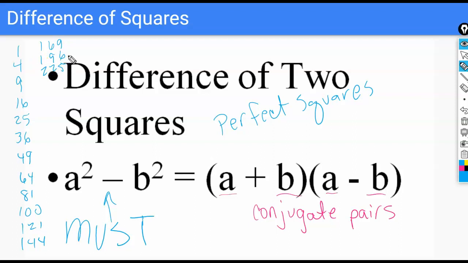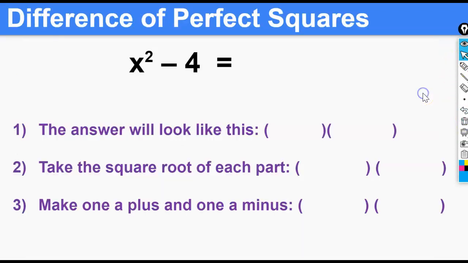Those are the first 15 perfect squares. Because if you see those numbers popping up in your binomial, and you see variables that are squared, and you see a minus sign, then you really want to factor that as a difference of two squares. So let's look at an example.